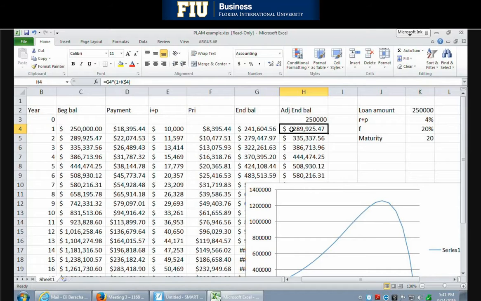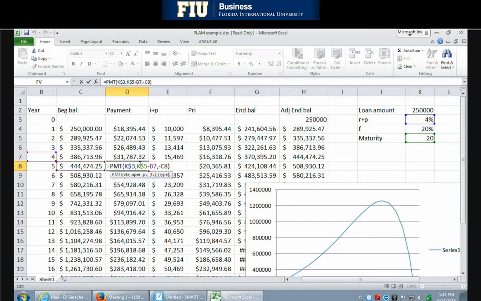Then you start with that balance, you pay down to 279 and then adjust for inflation, and so on and so forth. And every time you have a payment, that payment is based on, of course, the amount that you owe. It's based on the R and P, and it's based on the number of periods that are left.